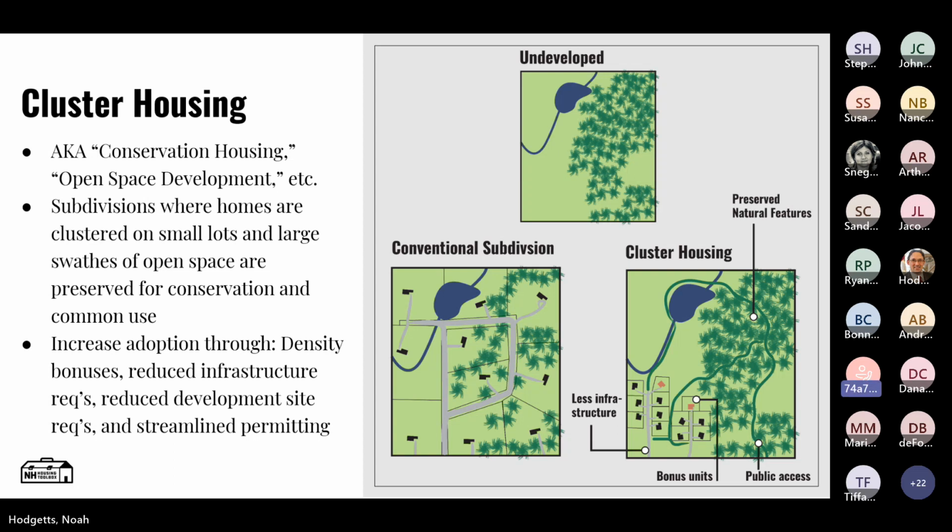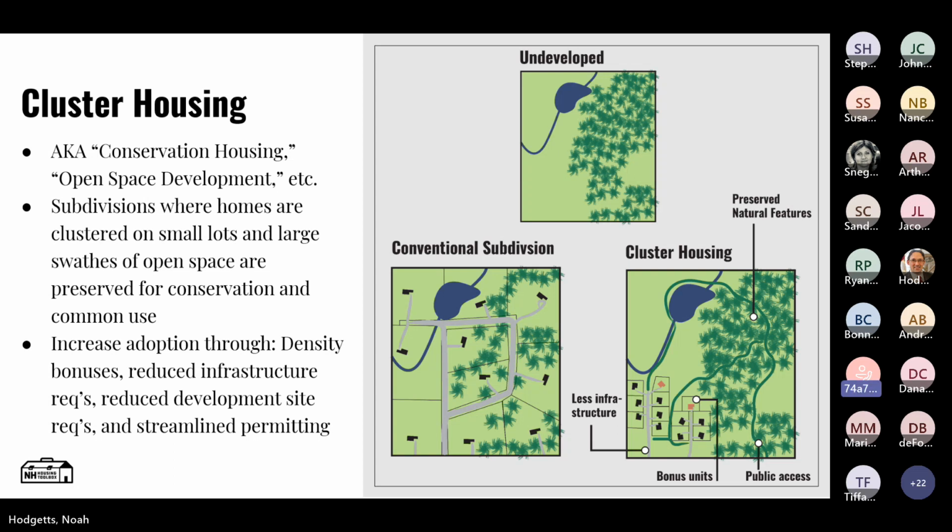So cluster housing, as I mentioned before, is called a number of different things: conservation housing, open space development, open space preservation development, and all of these are different names for a similar suite of zoning tools that many communities in New Hampshire have availed themselves of.